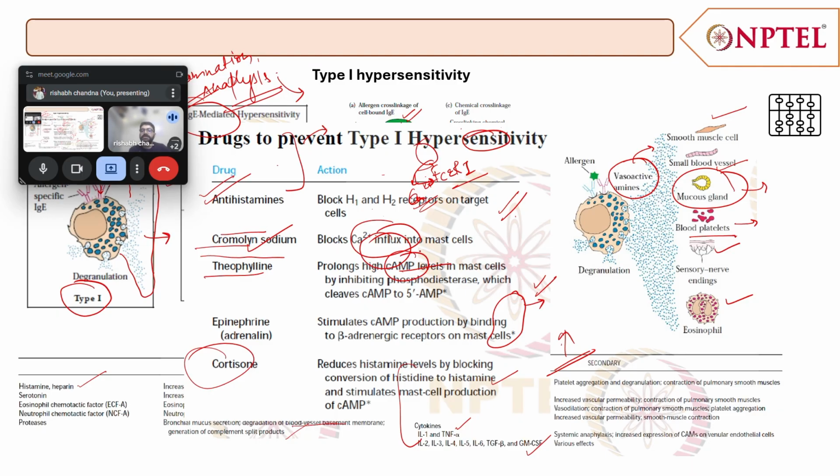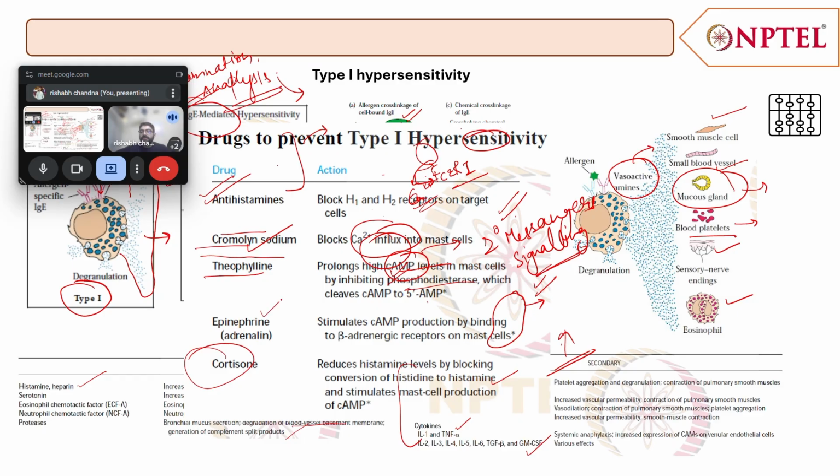So cAMP is one of the secondary messengers that actually stops the signaling. Theophylline inhibits phosphodiesterase, which can cleave cAMP to 5' AMP.